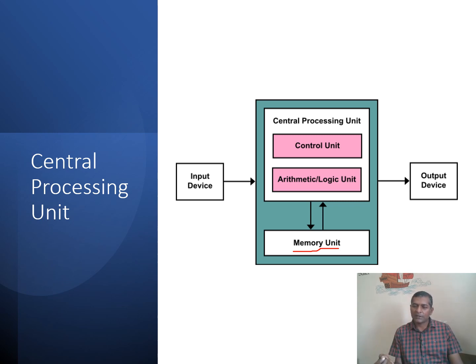Primary memory is known as RAM, whereas secondary memory is known as a hard disk. If information is very huge, then we'll keep it in the hard disk, and that is known as secondary memory, and the part of that which needs to be processed will be fetched into RAM, and then from RAM the information will be provided to this central processing unit.